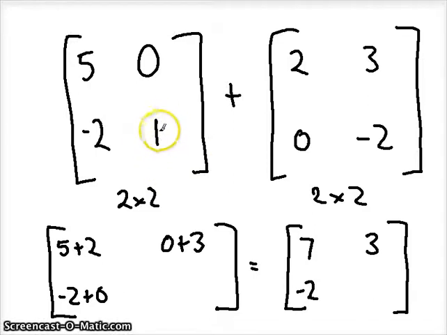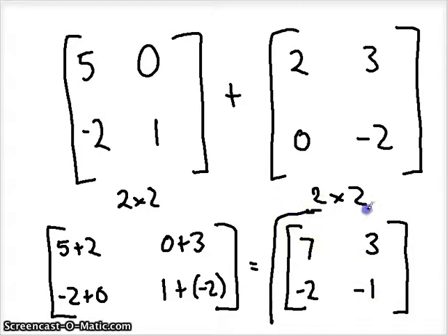And again, last entry 1 and -2, that adds up or combines to make -1, and so the sum of our two matrices is this matrix.